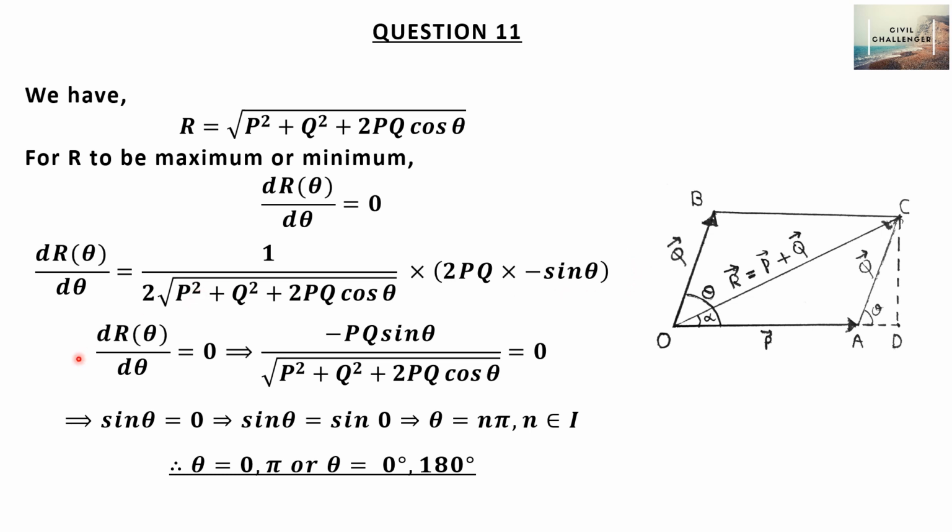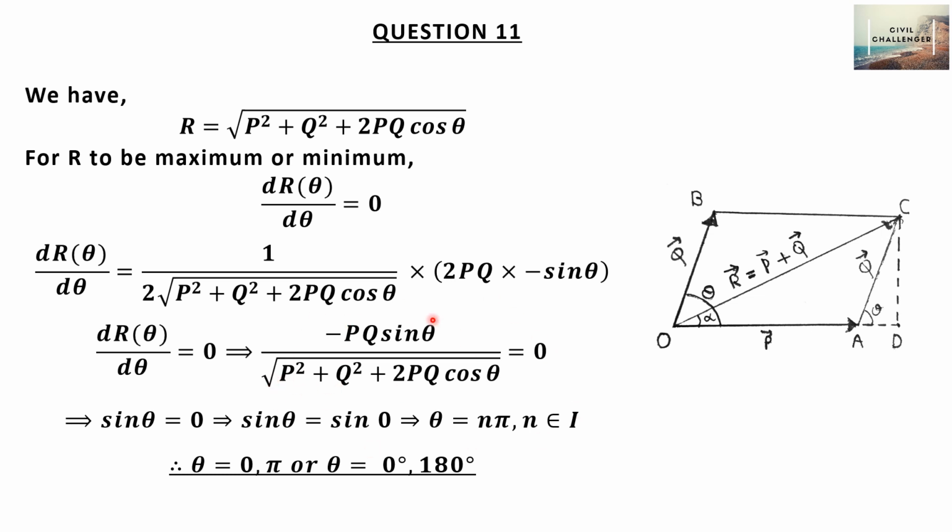Then we need to equate this derivative to 0 to get the critical points. The critical points are the points at which the function can be maximum or minimum. So equating the derivative to 0, we will get minus PQ sin theta divided by square root of P square plus Q square plus 2PQ cos theta is equal to 0.